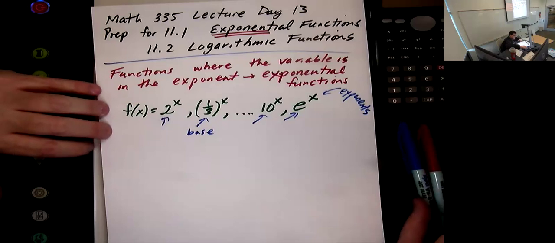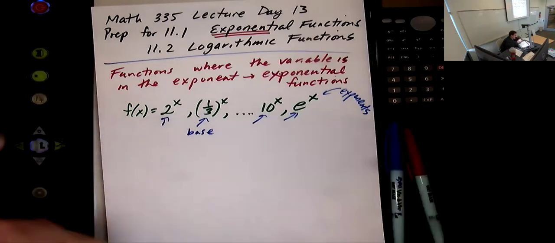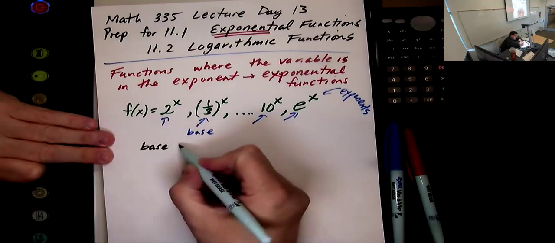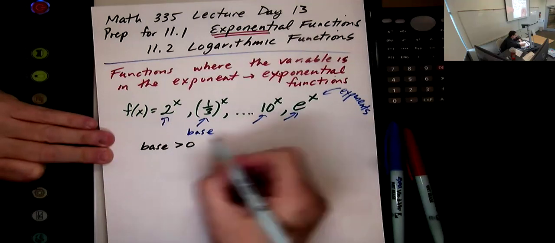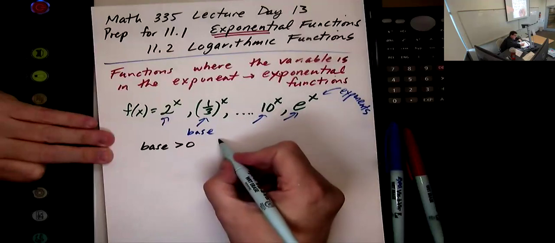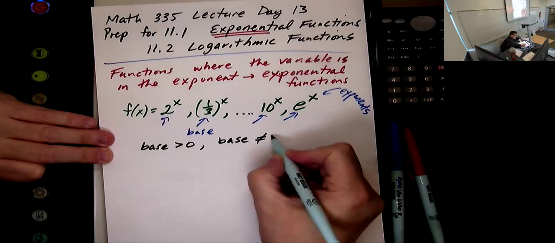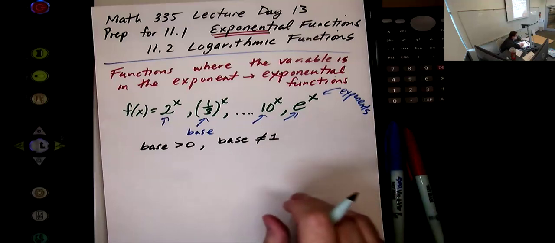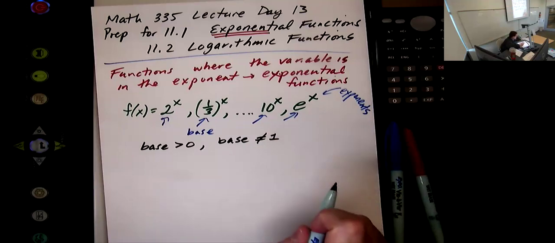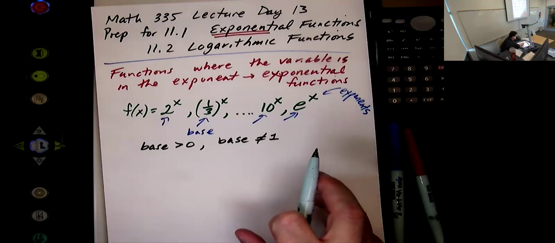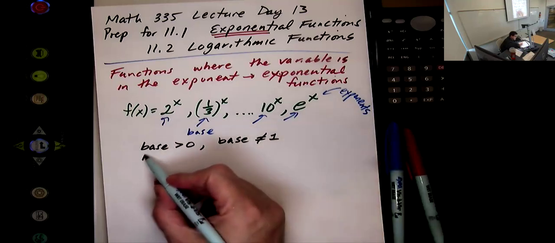So some of the important stuff is the base. We don't want it to be negative, so the base should be greater than 0. And the base should not equal 1, because 1 to any power is 1. That gets boring. There's no restrictions on x.